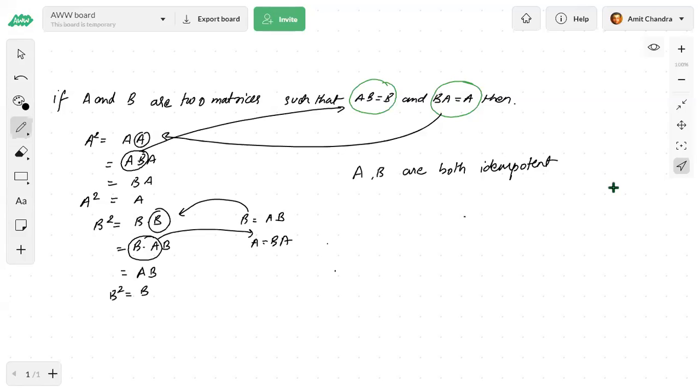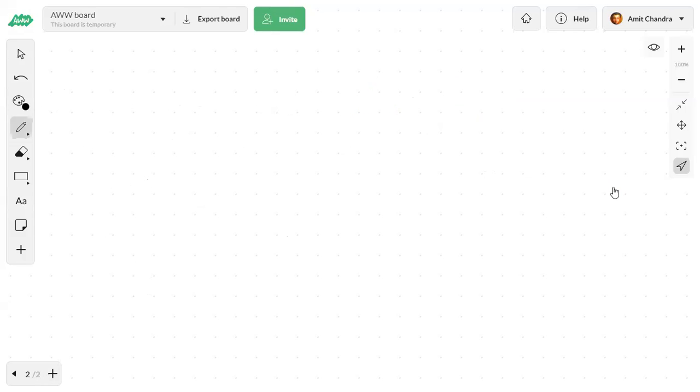Okay, so we have already seen how we will get a matrix multiplied. Suppose we have two matrices.